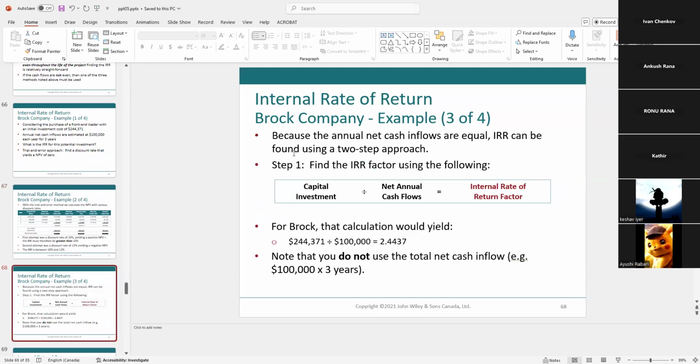Now the internal rate of the broke company example, that is how we're going to do it: because the annual net inflows are equal, internal rate can be found by a two-step approach. First, we get the capital investment divided by the net annual cash flow, that's 2.4437.